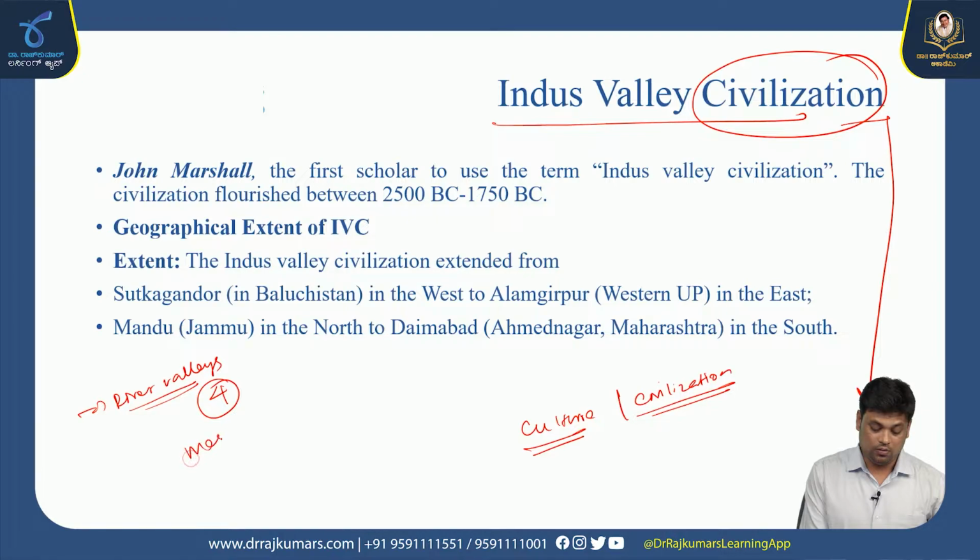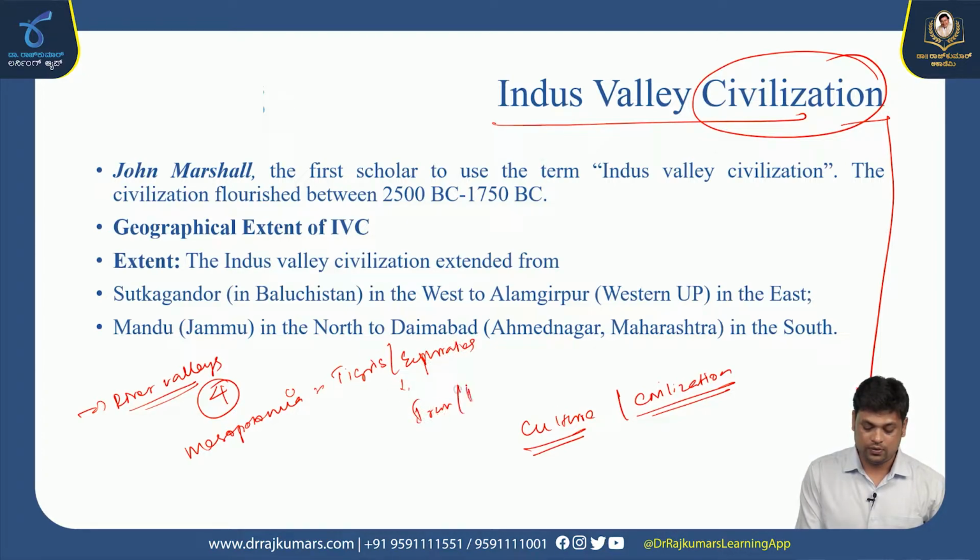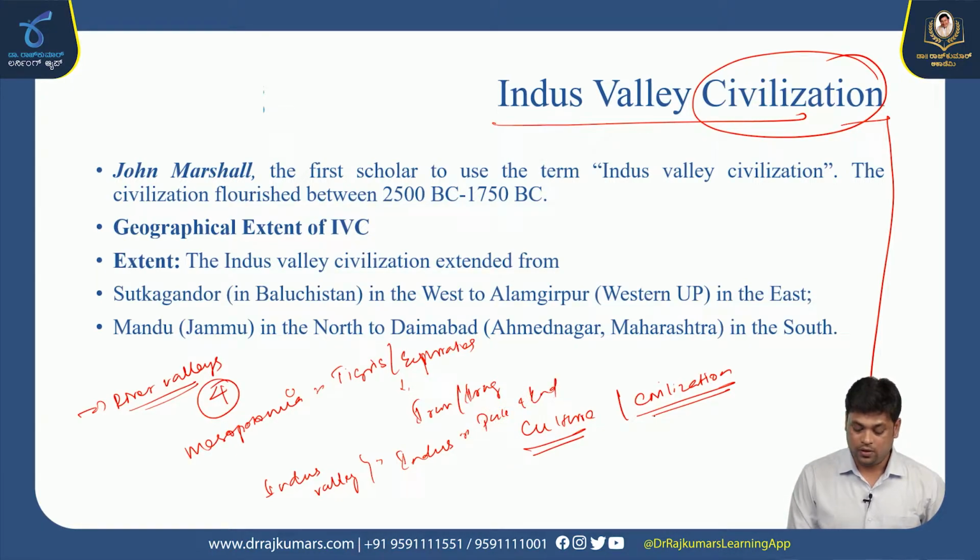First, the Mesopotamia civilization, in the two river valleys known as the Tigris and Euphrates, in the current modern states of Iran and Iraq. Likewise, the Indus Valley civilization, whose river valley is the Indus, in the modern states of Pakistan and India.